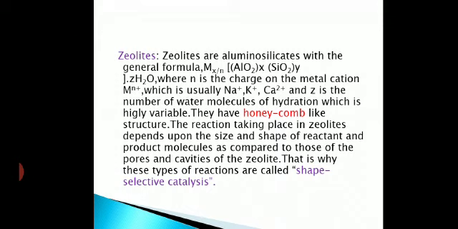It is also used in petrochemical industries for cracking of hydrocarbons and isomerization. It converts alcohols directly into petrol, that is gasoline, by first dehydrating them so that a mixture of hydrocarbons is obtained. Clear? It is also used as an ion exchanger in softening of hard water.